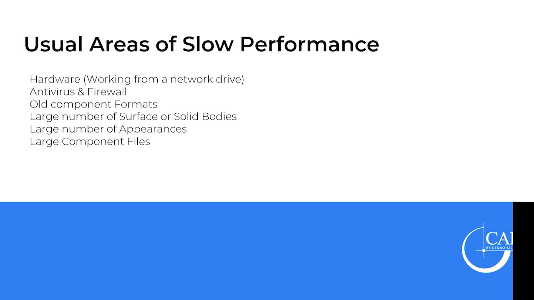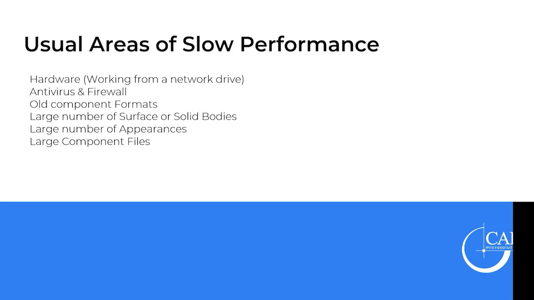The open time locally took about a minute. Opening from the network drive ended up taking over 2 minutes to load, which I was kind of surprised about. My network drive was also running a solid state drive, so I gave it the best possible chance of opening quickly, and it still took more than double the amount of time, which I was really shocked about. So again, I highly recommend that everyone should be looking at using something like a file management system, for example PDM, to cache files locally.